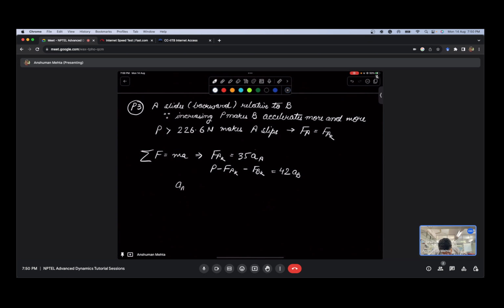So this gives us A is equal to 1.47 meter per second square, which is constant, and A of P equal to P minus 127.04 by 42, and this is also linear function.